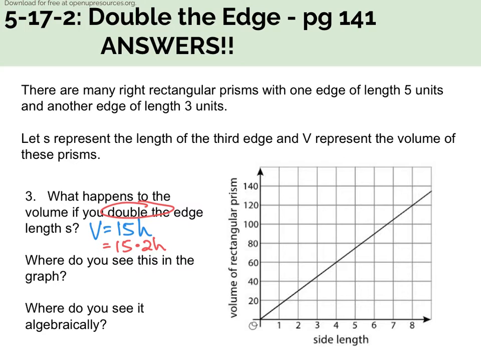Well, 15 times 2 is 30. So really, my equation is going to be V equals 30H. So notice how if I double the side length, it's going to double the volume itself.